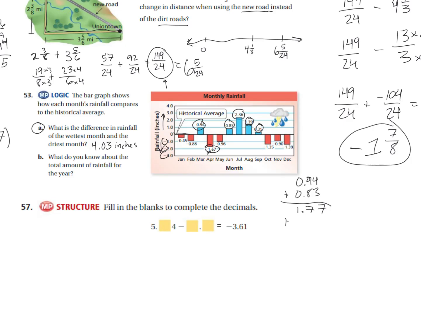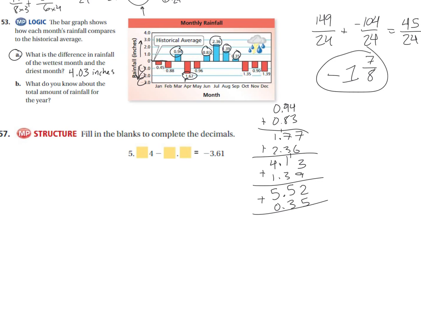And then we're going to add our 2.36, which is 4.13. And then we're going to add 1.39. And finally 0.35. Okay, so in the months where we had more than expected, we had 5.87 inches of rain more than we expected in those months.